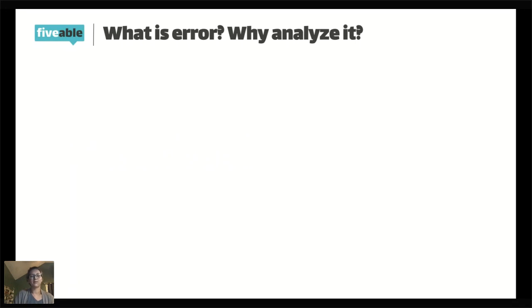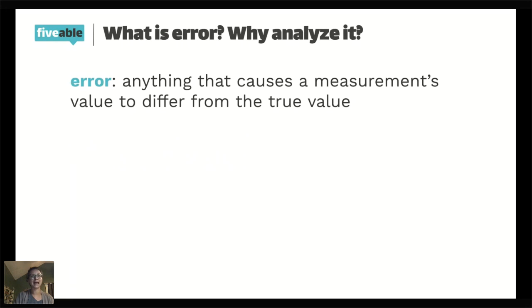So if we're thinking about what is error, why do we care, why do we need to analyze it when we're thinking about experiments? An error is anything that could cause a measurement's value to be different from the true value of whatever it is you're trying to measure, whether it's a distance, a time, a mass, whatever.